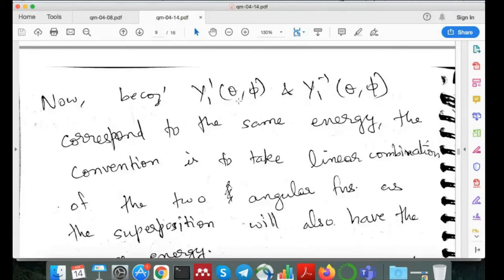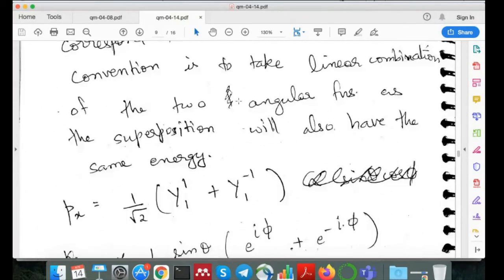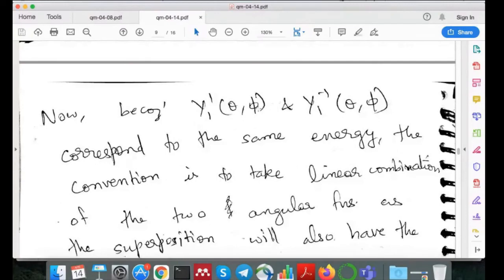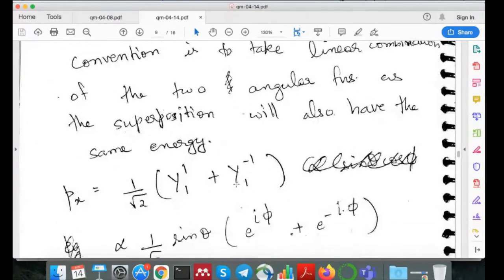So even if you take a linear combination of two wave functions which have the same energy, you'll get another wave function which has the same energy. So you're not doing anything different. Let's take linear combinations. There are two types possible: one is we add the two up, or the other combination is we subtract the second from the first.